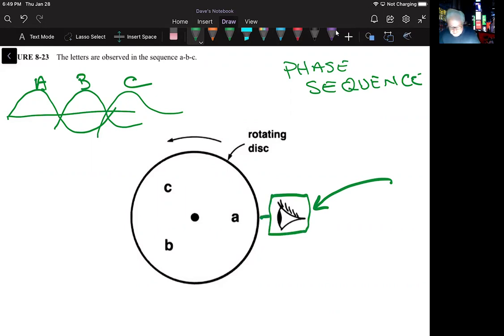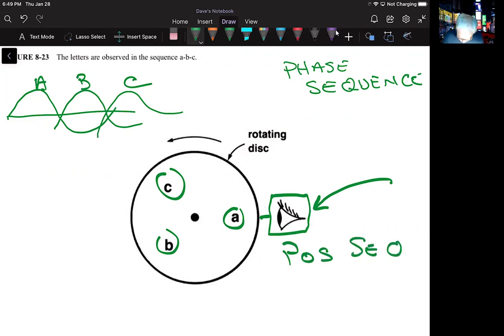And as I look at this, what I'm seeing as this rotates counterclockwise, I'm seeing a sequence of A, B, C. Okay, and so that would repeat itself, ABC, ABC, and we'll call that maybe a positive sequence.